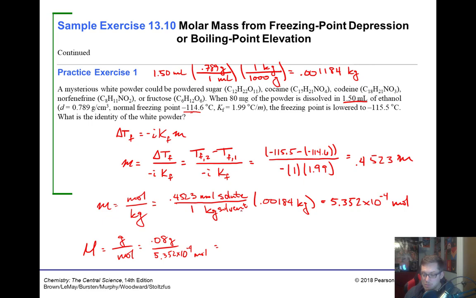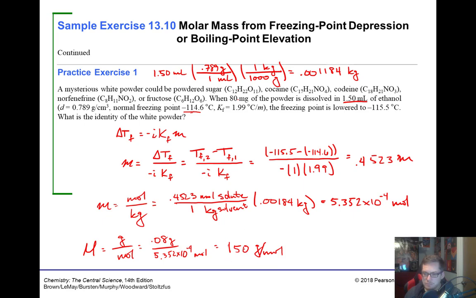So 0.08 divided by our answer, and I got 150. How many sig figs? Just 2, well, really only 1, but that's not going to help us. I think we're going to add a decimal because we need it. 150 grams per mole.